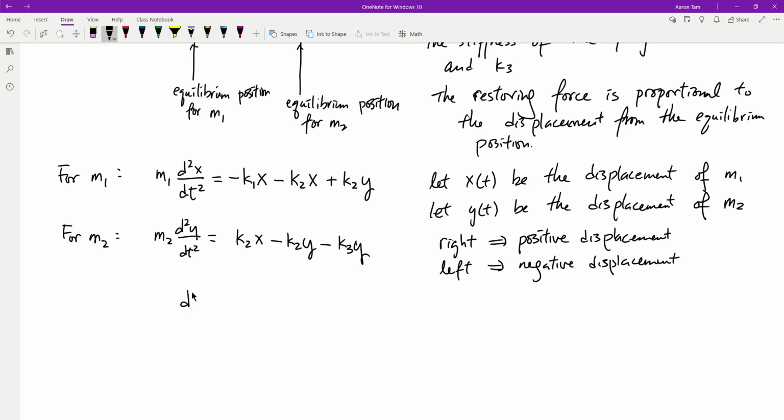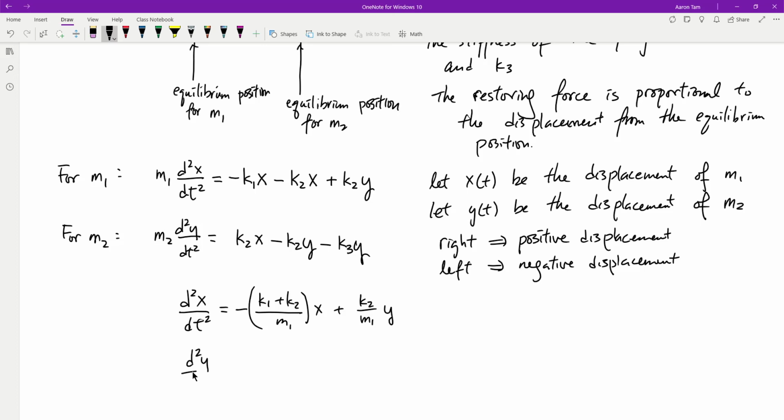So d squared x over dt squared is equal to negative (k1 plus k2) over m1 times x, plus k2 over m1 times y.